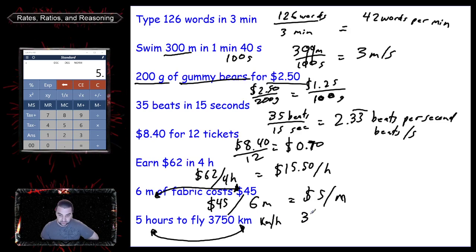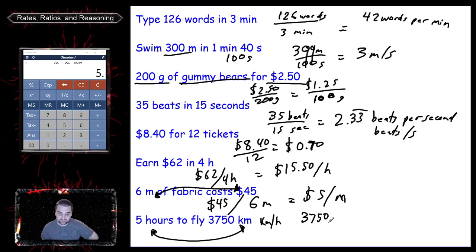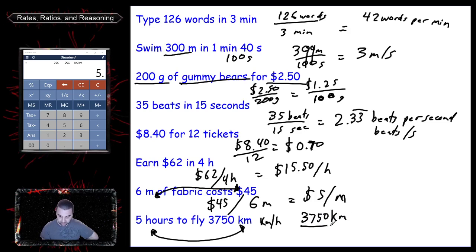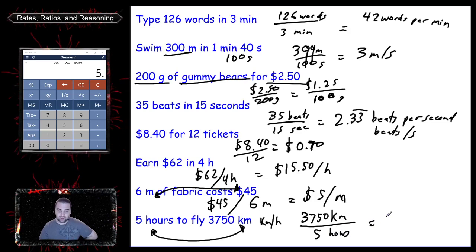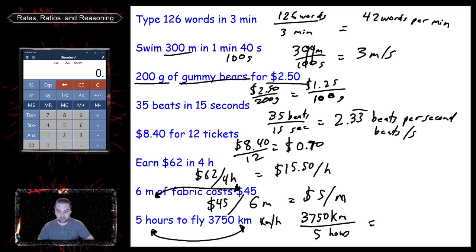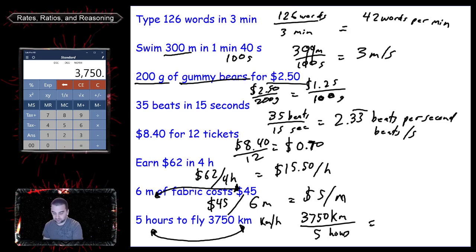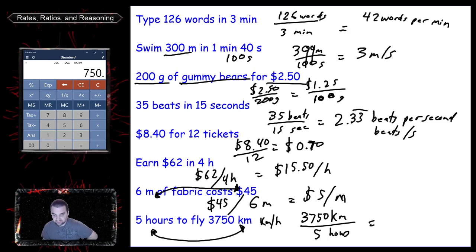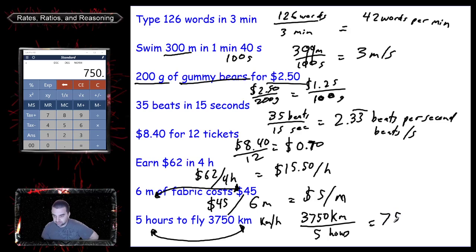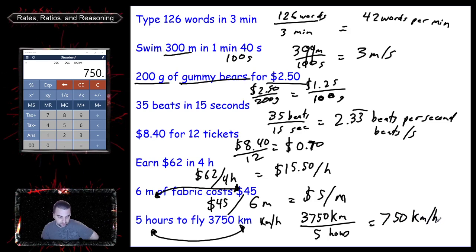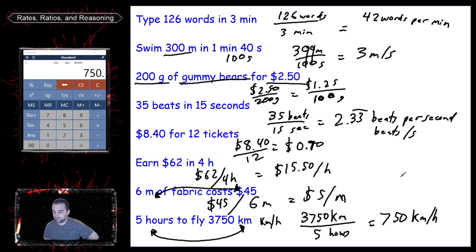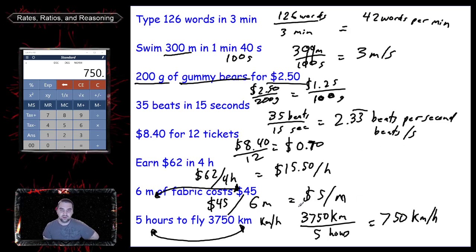So we want to do 3,750 kilometers over 5 hours. And that one I cannot do in my head right now. I can't do anything in my head right now. 750 kilometers per hour. What is it, an airplane? Yeah. Okay, that makes sense.